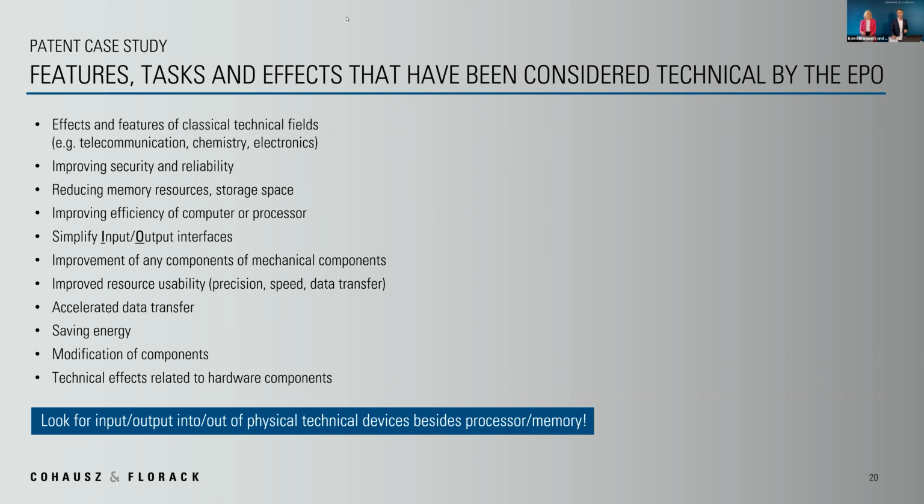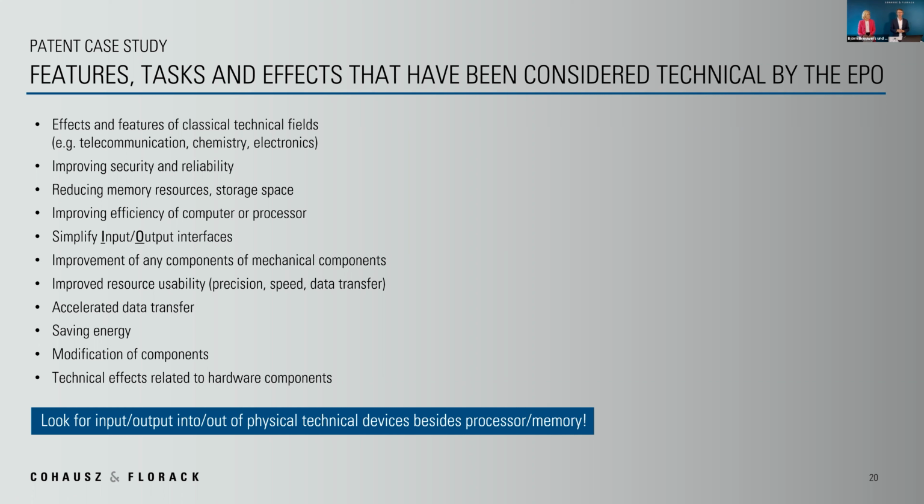And of course, we have the classical technical fields in telecommunication, of transmitting data, or, I don't know, modulating the data or decoding the data. And then you have technical effects where they improve the security and reliability, for instance, of data transmissions, or they help to reduce memory resources when the data is encoded in a certain way.